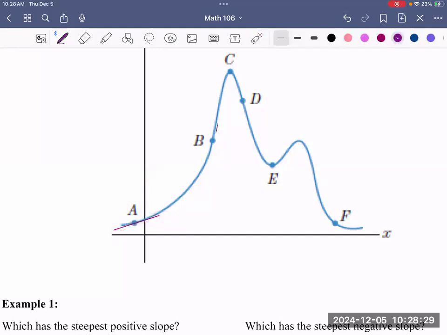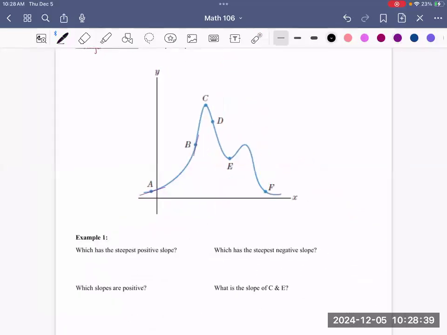And if I were to do that for all of them, notice that B, trying to go straight through that line, would also be considered positive. So A and B, coincidentally, both have positive slopes. Now, of A and B, which one has the steepest positive slope? It means it's going up faster, it's changing faster. So that would be B.